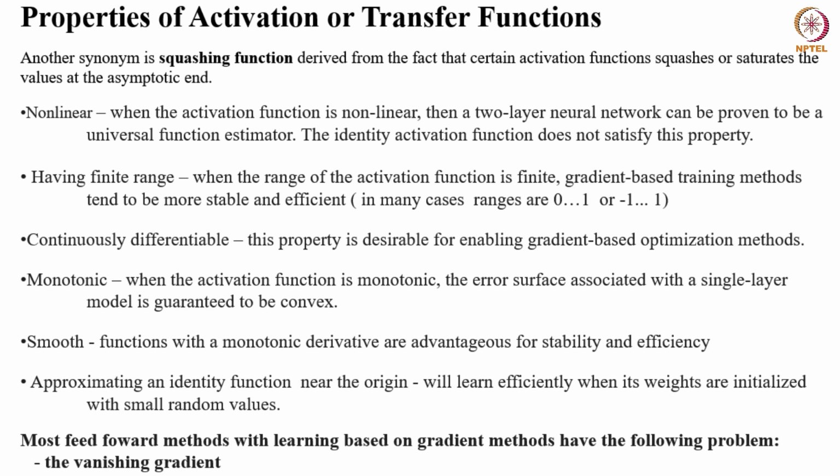And as we will see later, one of the big problems we have with our weight updating methods based on the gradient method is the problem of the vanishing gradient, which means that if you have a gradient that becomes very, very small, then we come to a situation where the weights are not updated at all. So the weight updating gets stuck because the gradients approach zero.